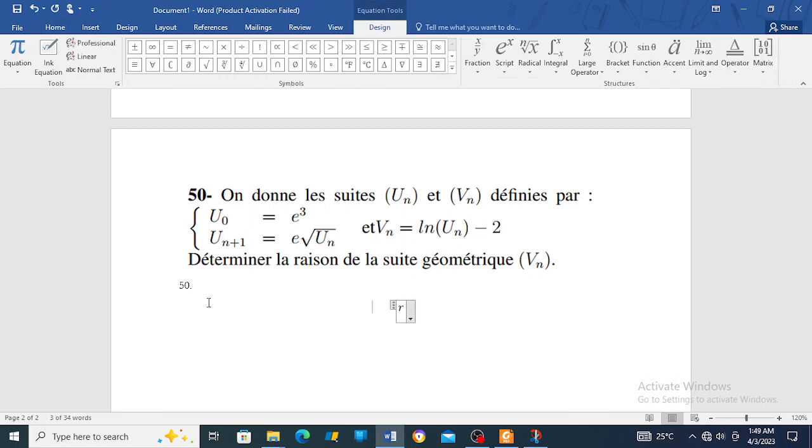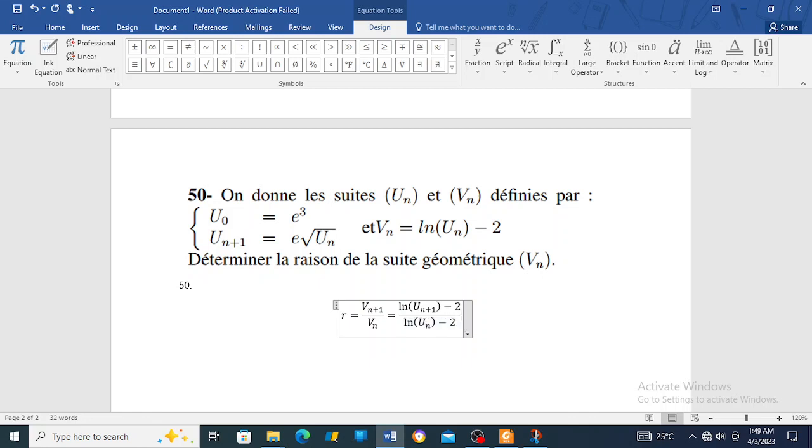We know that the common ratio is r, and it is simply the ratio between the n plus 1 term and the n term, so vn plus 1 divided by vn. Now what is vn plus 1? It is the ln of un plus 1 minus 2, then divided by vn, and vn is the ln of un minus 2.